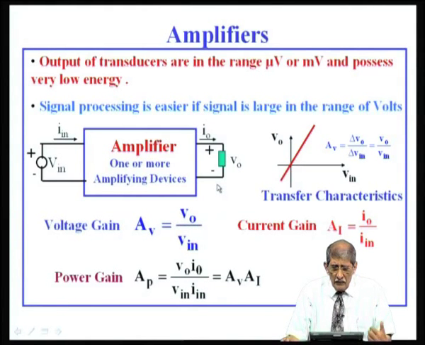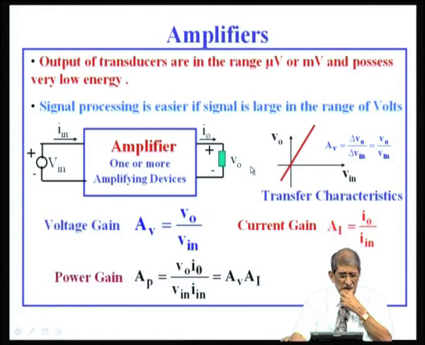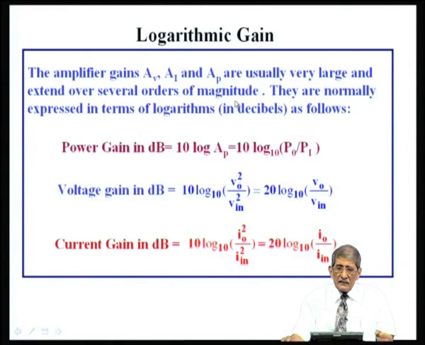Now, many times these gains may be very large, 10 to the power of 5, 10 to the power of 6 or of that order. So, in order to simplify that, in many places you will see that these gains are expressed in logarithmic gain, as decibels.